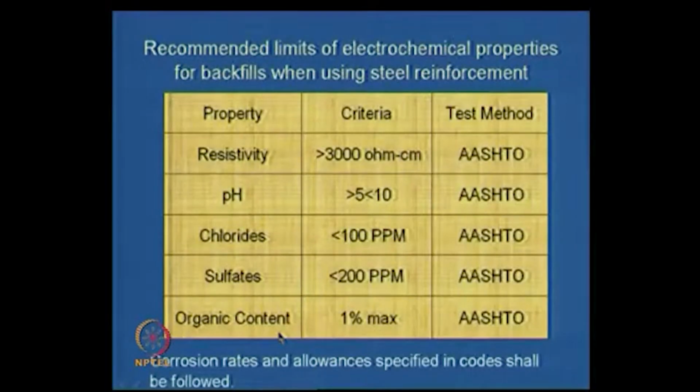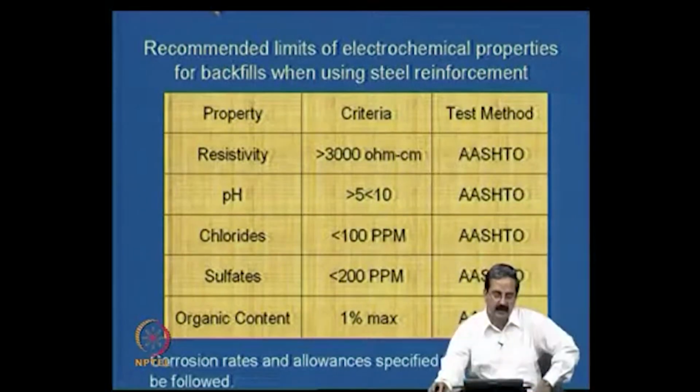And with some of the backfill materials, one should be careful that they are not liable to corrosion effects. So, what we should do is find out the electrochemical properties of the backfills, particularly when you are using steel reinforcement. You have parameters like resistivity, pH, chlorides, sulfates and organic content.